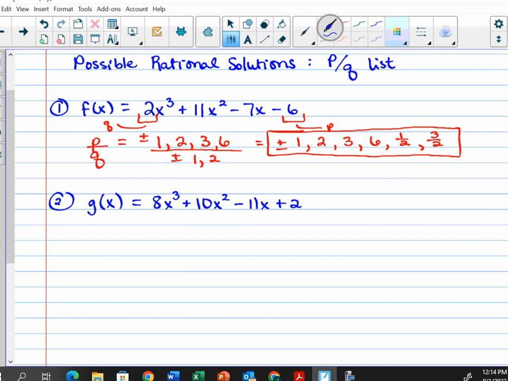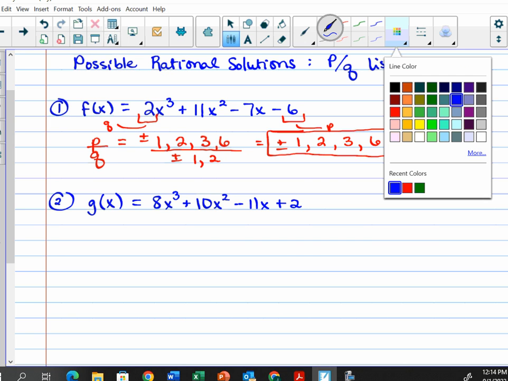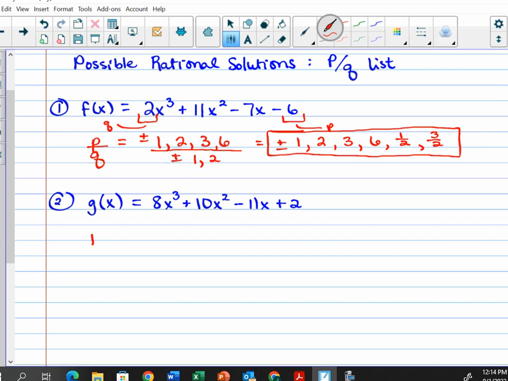It's just a function. F of x, g of x, p of x, h of x, whatever I want to pick. All right, so you guys find the P over Q list, and then that's it.